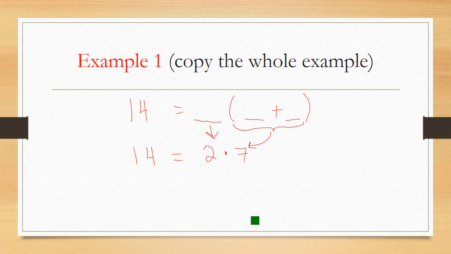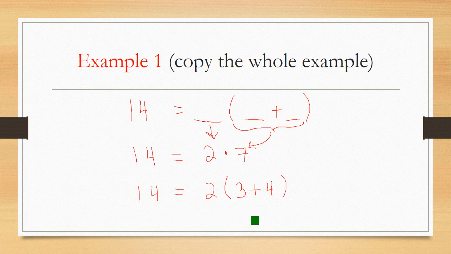Now I can go to my final step and say, okay, the 2 is here and this is going to be times. Well, how can I rewrite 7 using addition? Let's say 3 plus 4. There are other ways to write it. So if you used 4 plus 3 or 2 plus 5 or 6 plus 1 or whatever, that would be just fine.